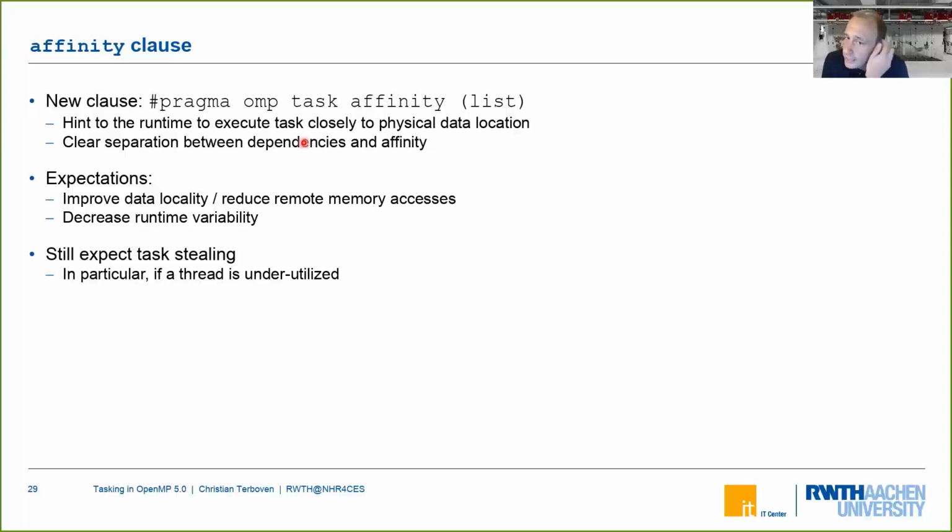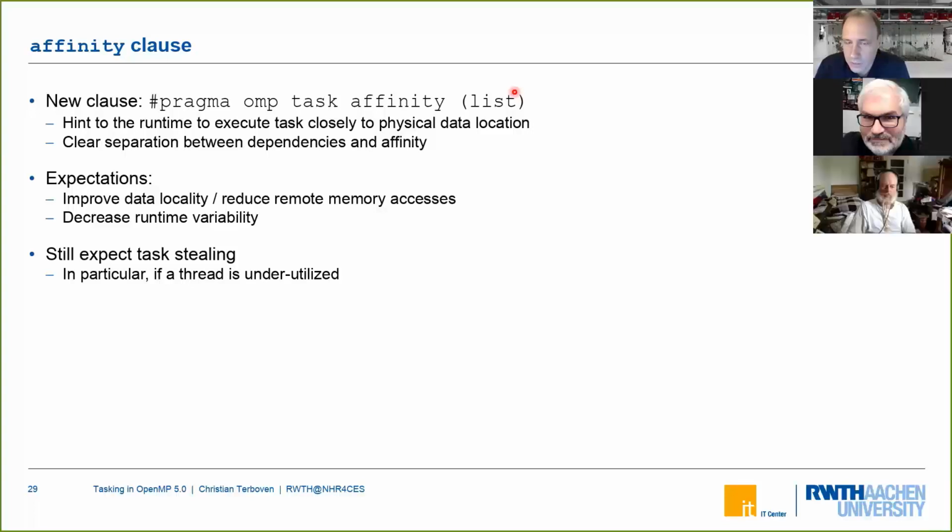And the idea is that the runtime should execute tasks as closely as possible to the physical location of their data. In practice, that means it should execute tasks by those threads that own the data or that are on the same NUMA node, for example, as the data. Again, this is a performance tunable. It doesn't have anything to do with correctness. So this is not dependencies.